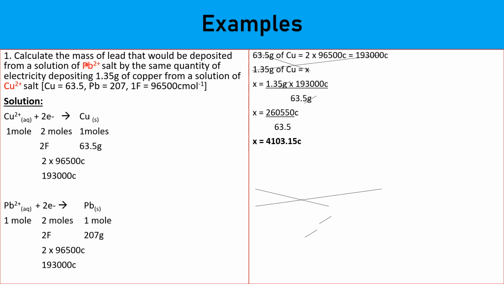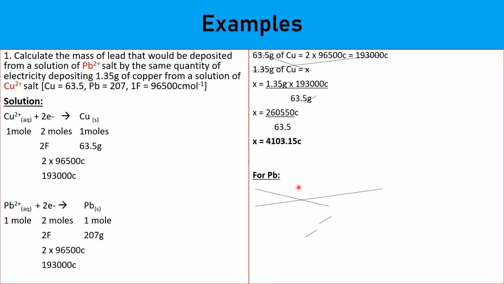What mass of lead will this same quantity of electricity deposit, since the same quantity of electricity passes through these two electrolytes that are connected in series? So if this quantity of electricity had passed through the copper to deposit 1.35 gram, what mass of lead will it deposit, because it has passed through the two electrolytes simultaneously?